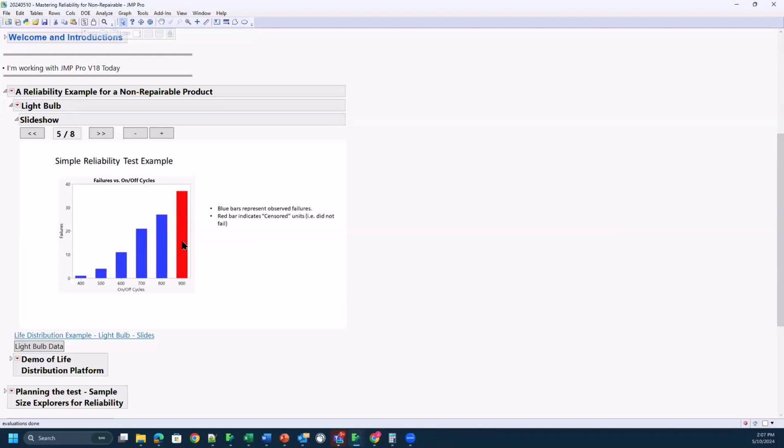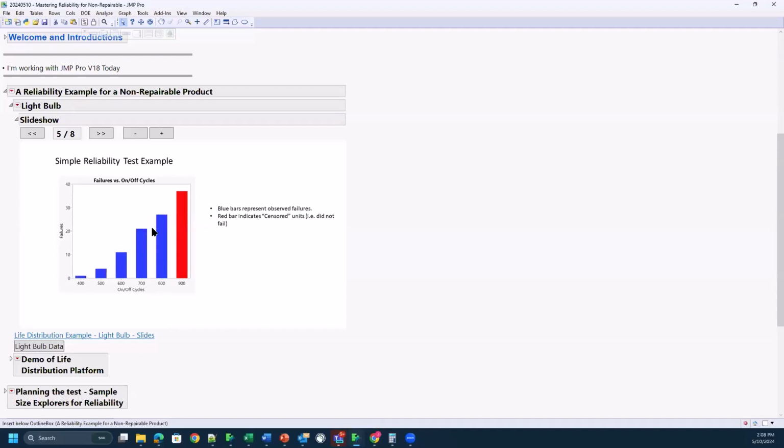Now, we're going to call those censored units. Censoring is the terminology we typically use in life testing to indicate that this unit didn't fail. It was still running at the end of our test. Well, what do we do with that? You can kind of imagine if we just threw those away that are in that red band there, we could calculate an average.